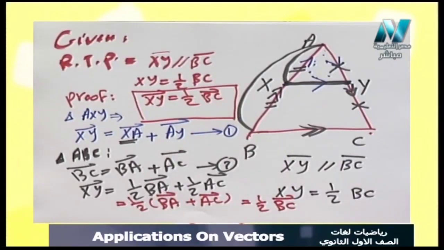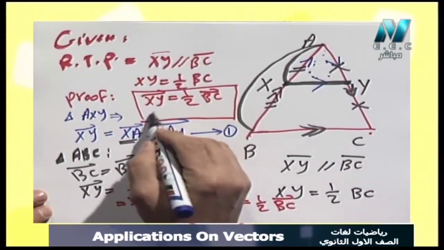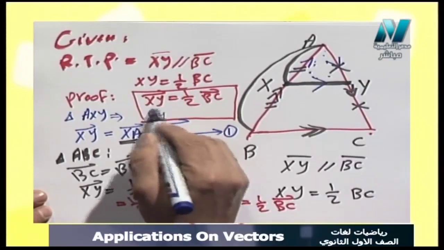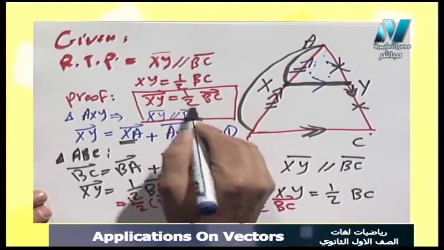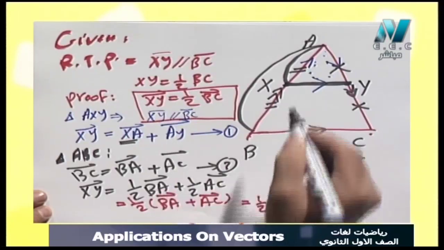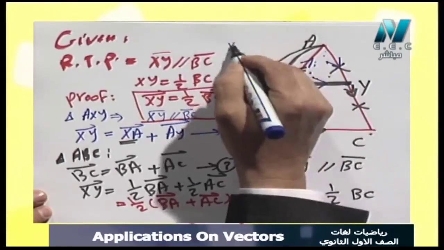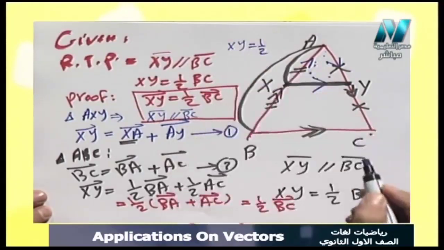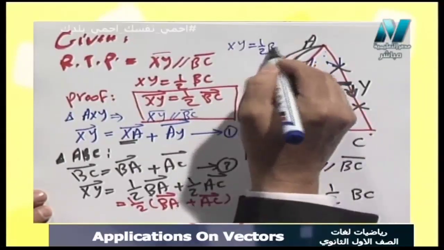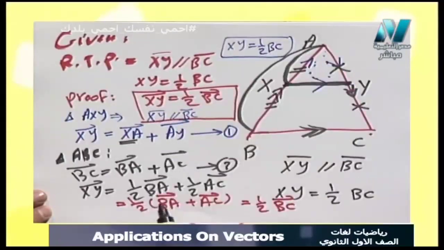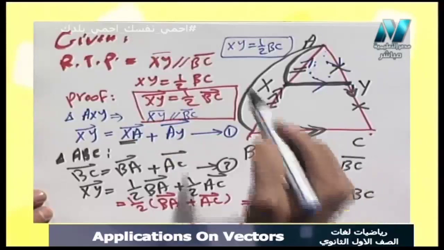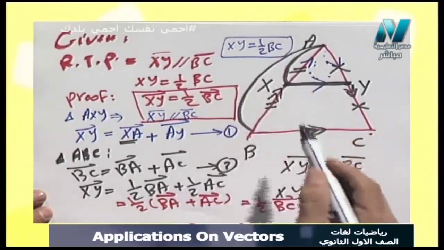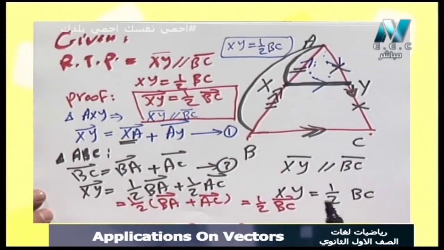From this, we will deduce that XY is parallel to BC, and also XY equals half BC. So we have two things we have deduced from this. We deduce that XY is parallel to BC and XY as a length equals half BC. From where? From the two triangles.